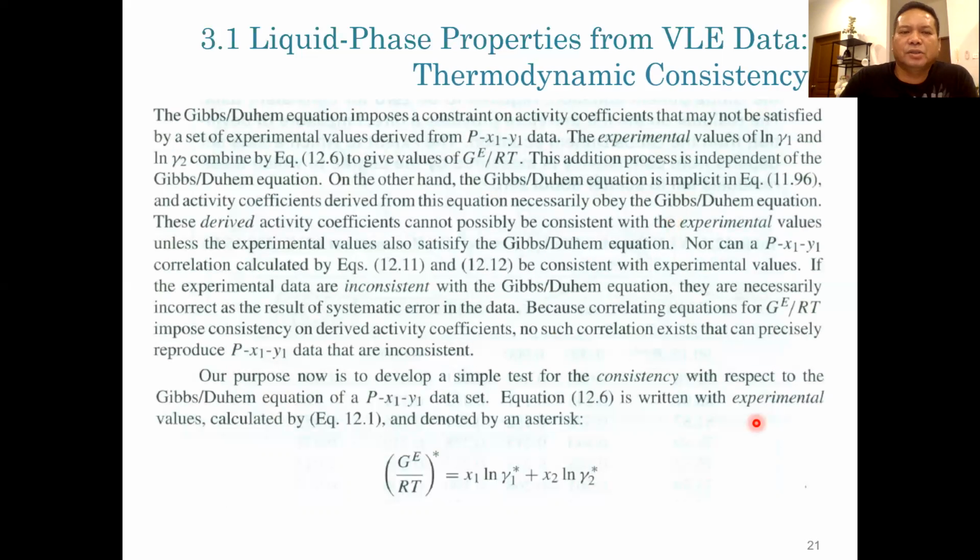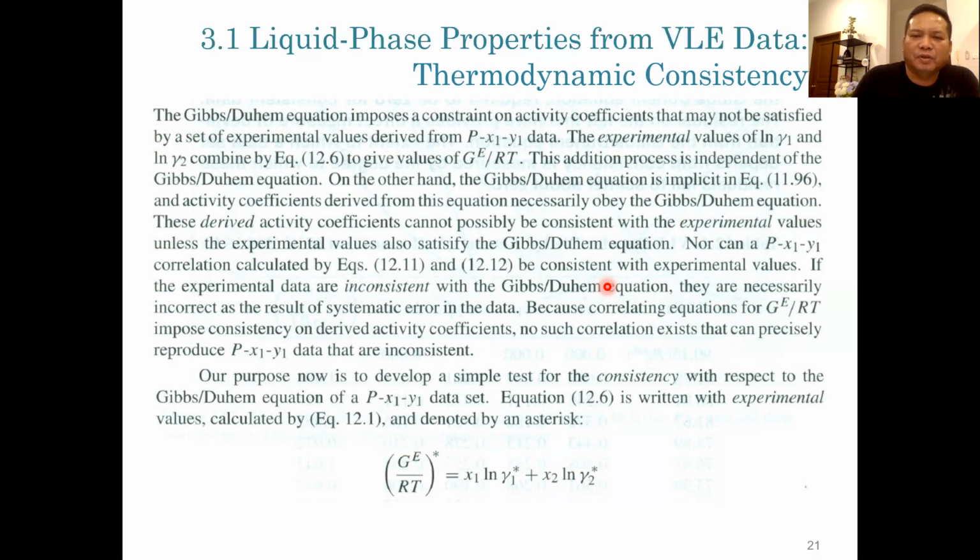The Gibbs theorem equation, as you can see earlier, sometimes gives a positive deviation and sometimes a negative deviation. So we need something to tell us how consistent it is.